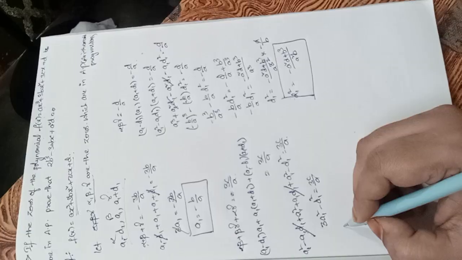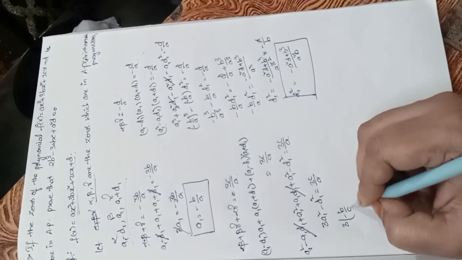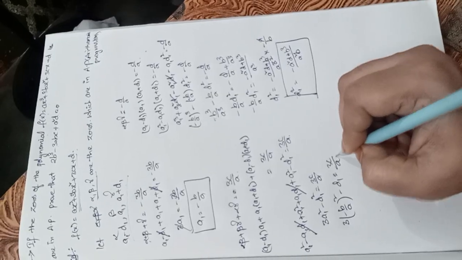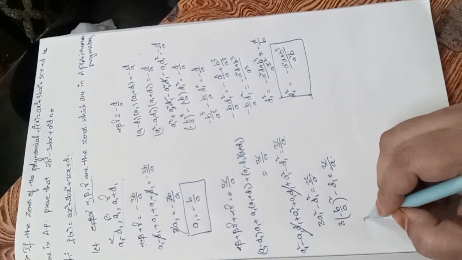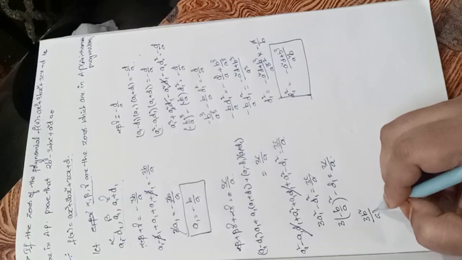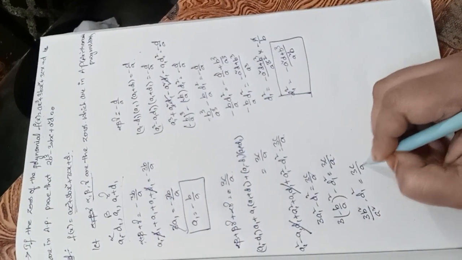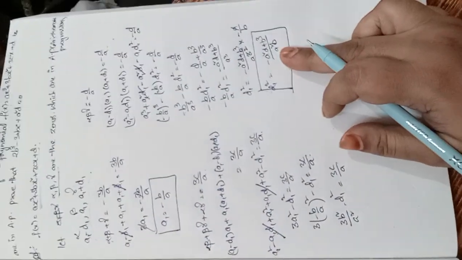What is a1? Minus b by a, whole square, minus d1 square equals 3c by a. So here what you will get? 3b square by a square minus d1 square equals 3c by a. We know the d1 square value, no?